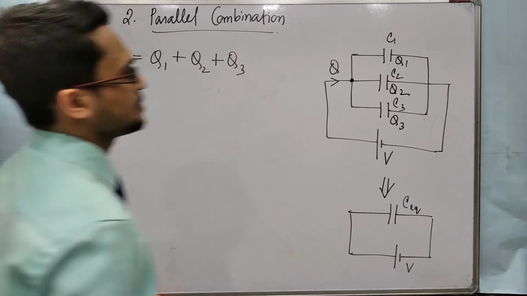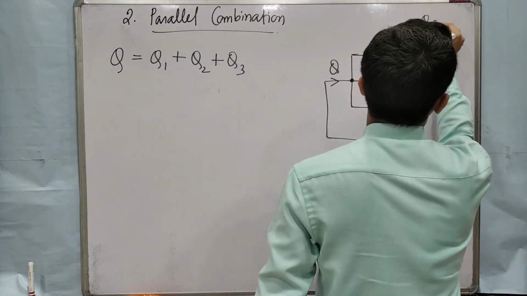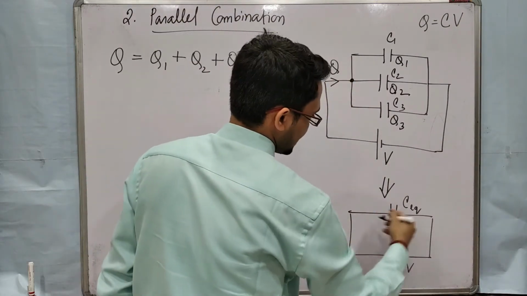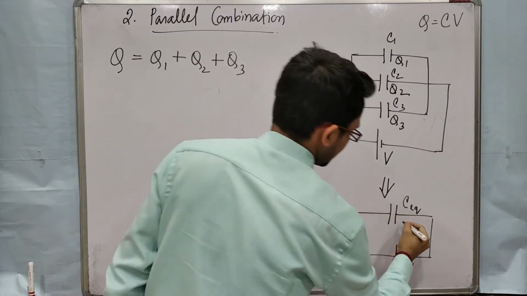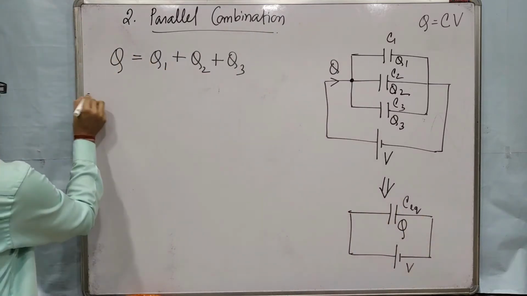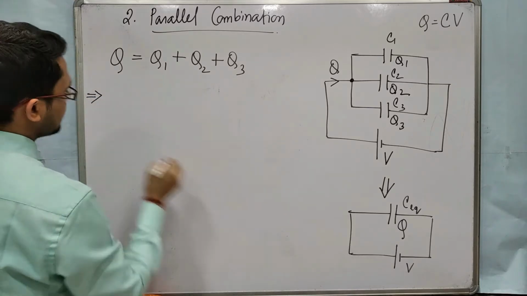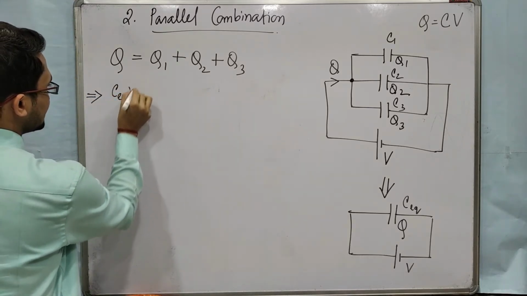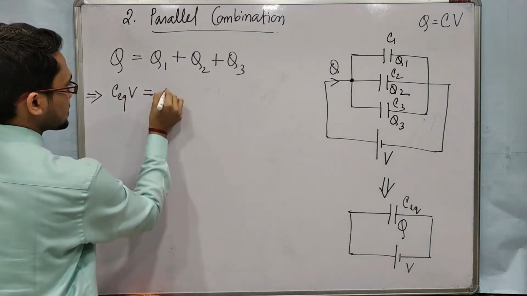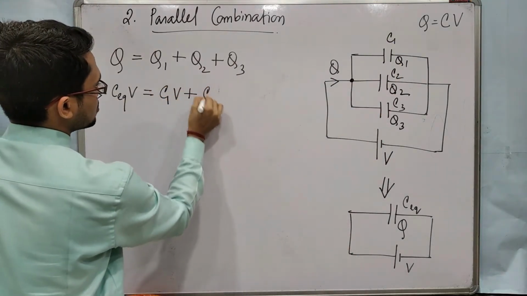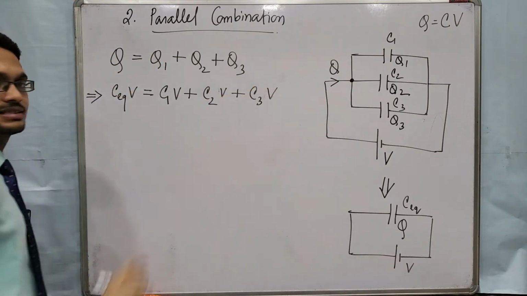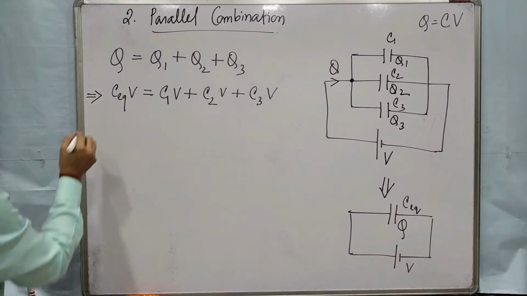We will use the same equation, Q equal to CV. Here in the equivalent capacitance, only one capacitor is there, so total charge will be Q. So we can write Q equals C equivalent into V, Q1 equals C1 into V, Q2 equals C2 V, Q3 equals C3 V, because potential is the same across the three capacitors.